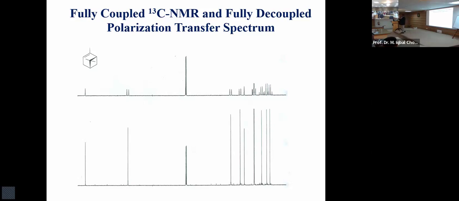So when you're detecting carbon 13, the protons attached to carbon 13 are all NMR active. When you're detecting protons, they are all attached to carbon, but 99% of these carbons are carbon 12. Only 1% is carbon 13.